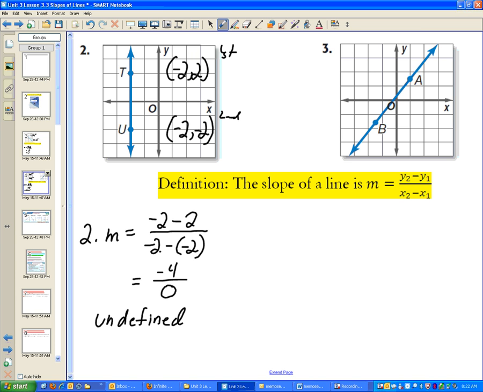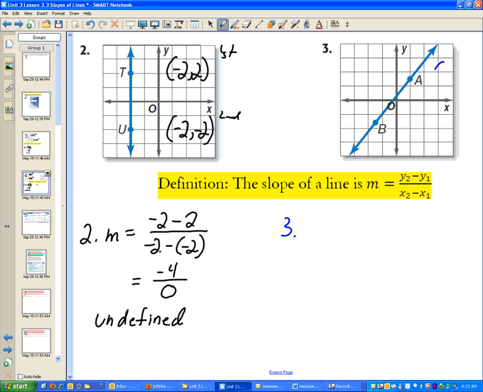You need to remember that the slope of a vertical line is undefined. And anytime you have a slope that's undefined, it must be because the line is a vertical line. They go hand in hand. If you have a vertical line, slope's undefined. If the slope's undefined, you have to have a vertical line.